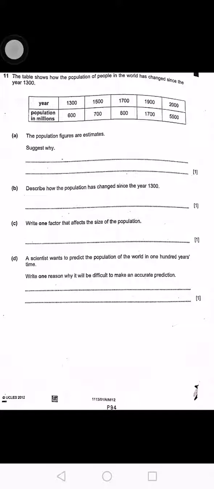So I say: because there is no constant increase in the population every 200.